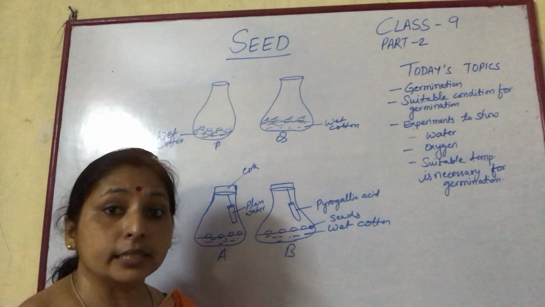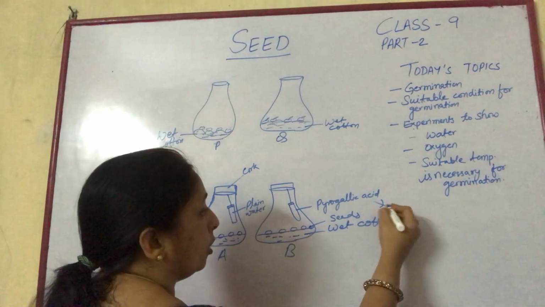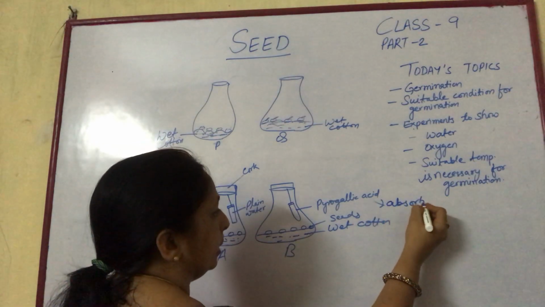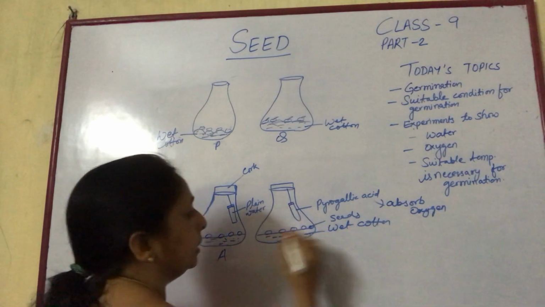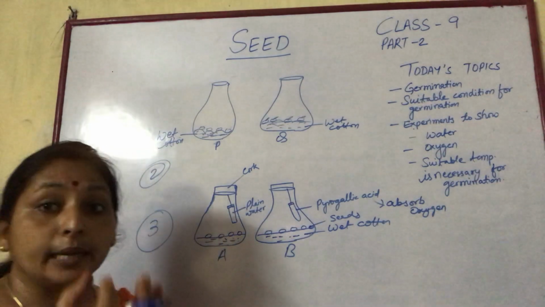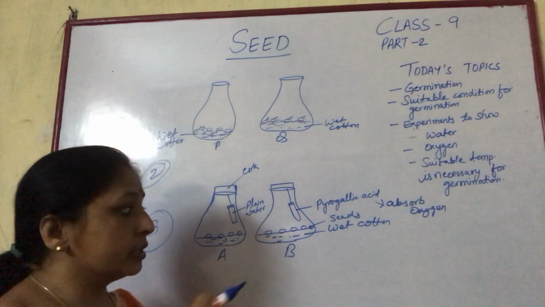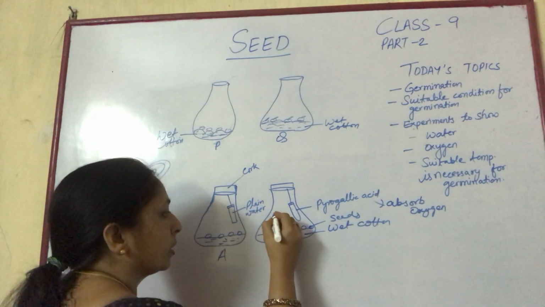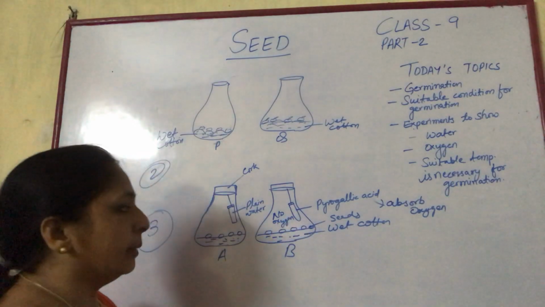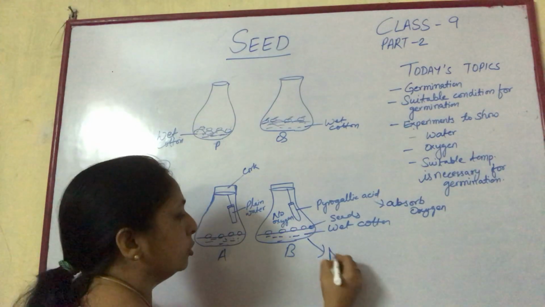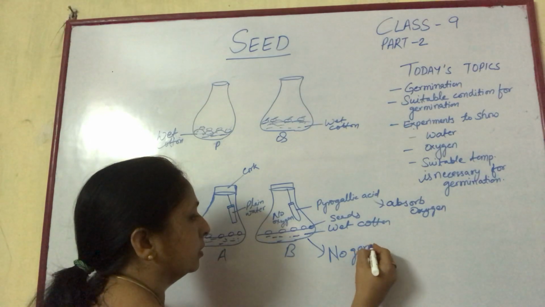The role of pyrogallic acid is to absorb oxygen. So pyrogallic acid absorbs oxygen, no oxygen is present here. So what happens? No oxygen means no germination.